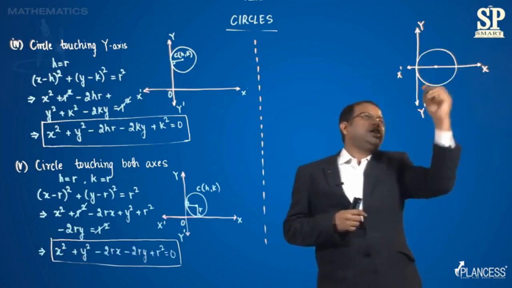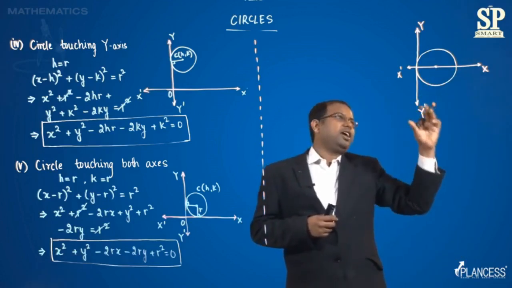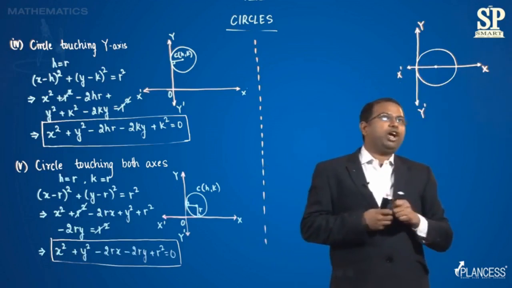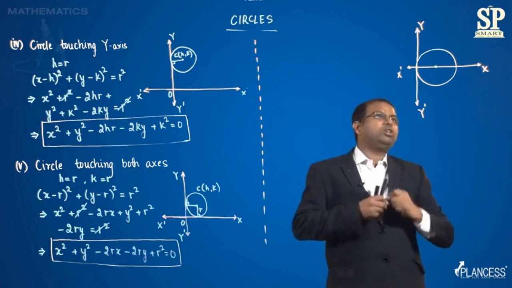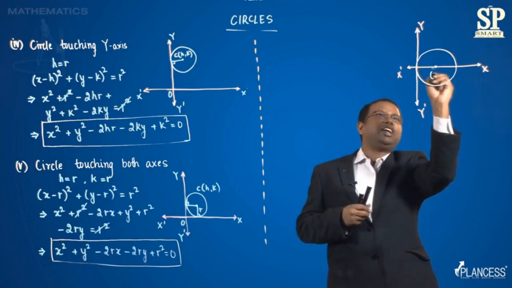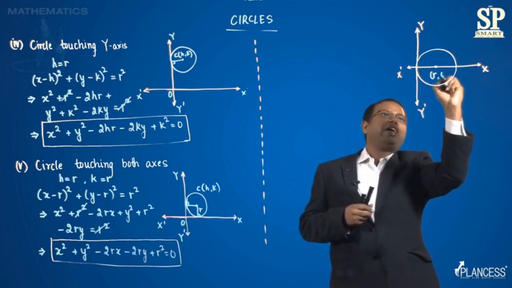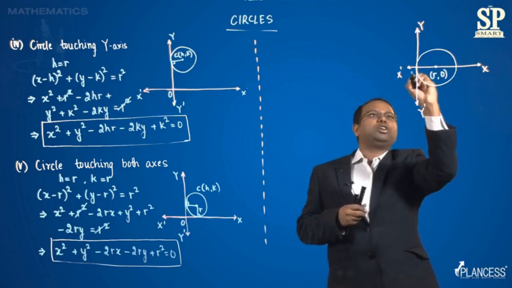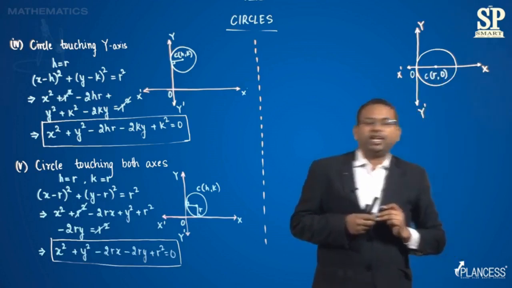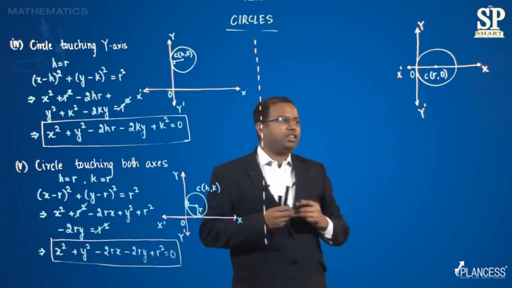Now here the center of the circle is lying on the x-axis and it is touching the y-axis. So this point easily we can figure out will be nothing but this distance, the distance of the center from the origin will be equal to the radius, and the y coordinate will be 0. So here is the origin, this is the center, which let's denote by letter C. So this is the condition that we are having.